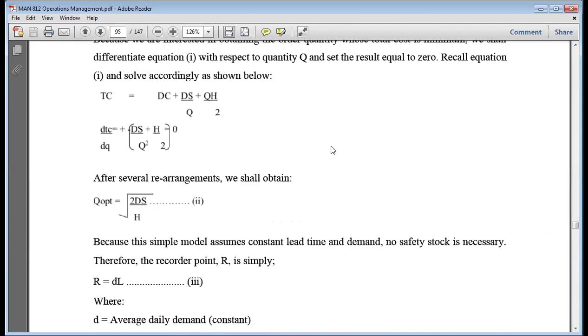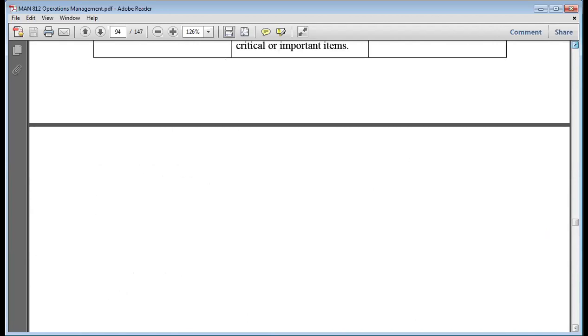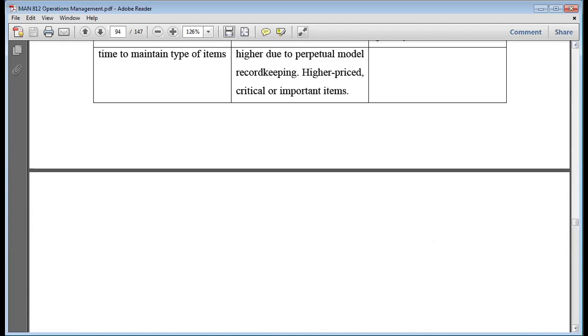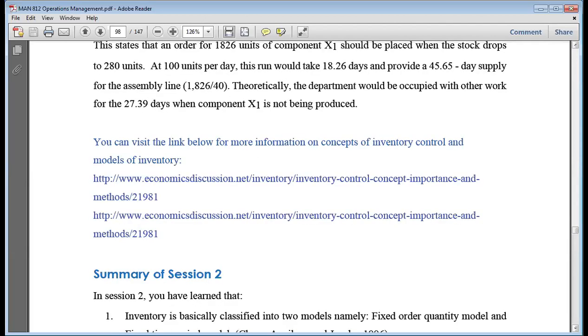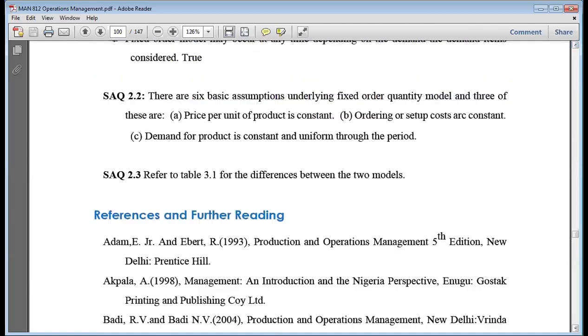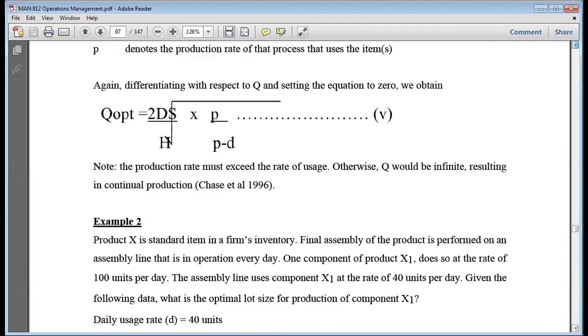This question, economic order quantity, the one we solved, there is a little mistake, so I don't want you to get confused when you are solving it. Question 1, there is a mistake there.